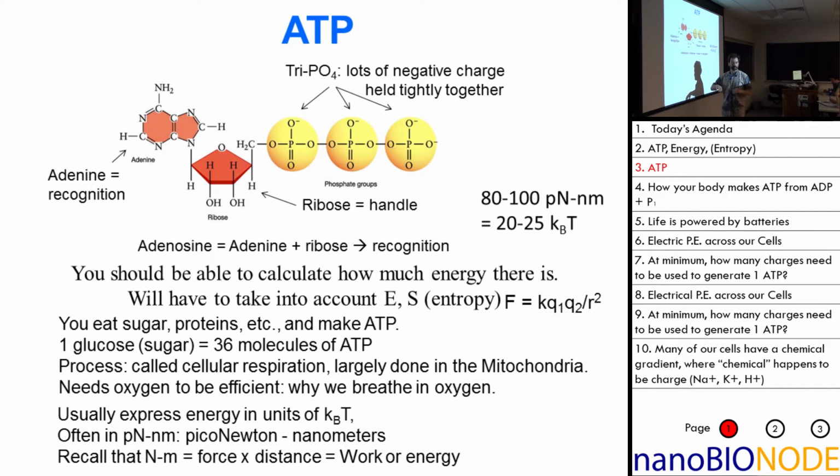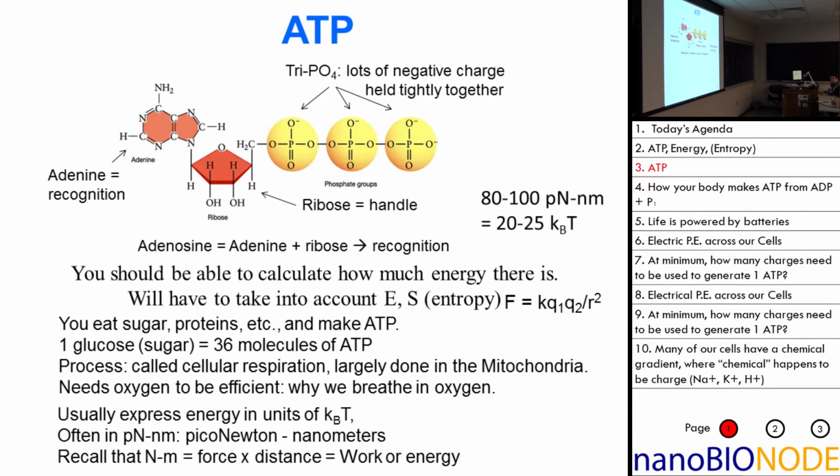So you have something that has a certain force times a certain distance. And let's say we know that the thing can put out a maximum of, let me just say, 7 piconewtons.